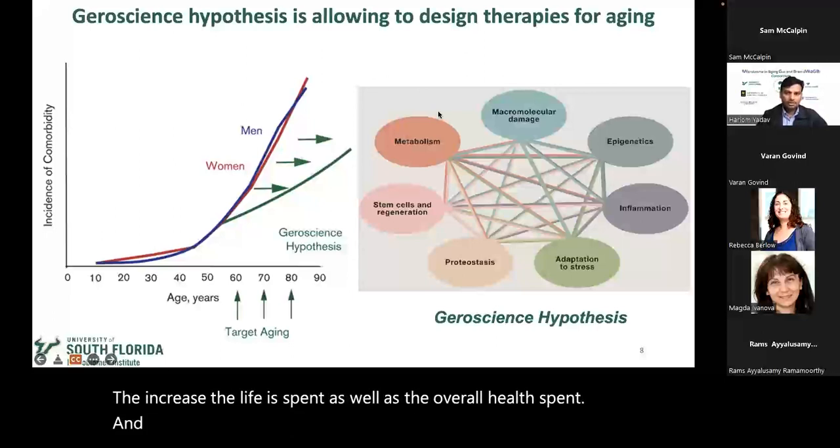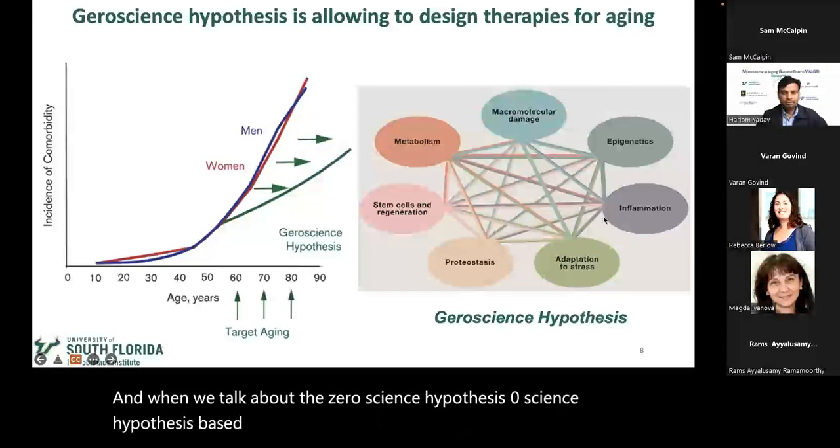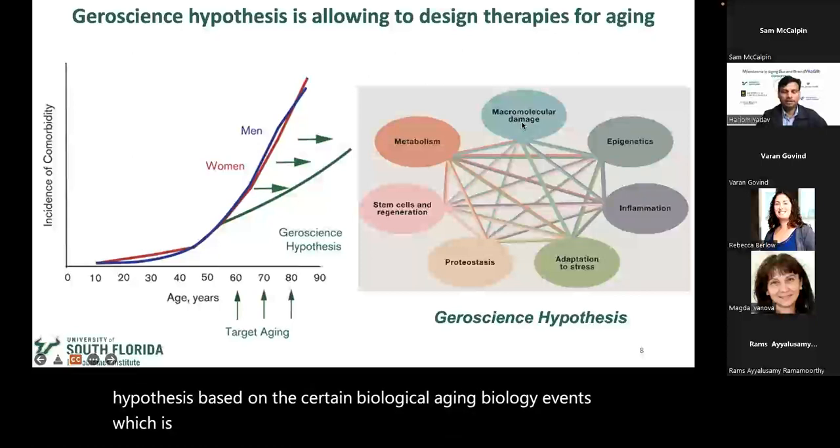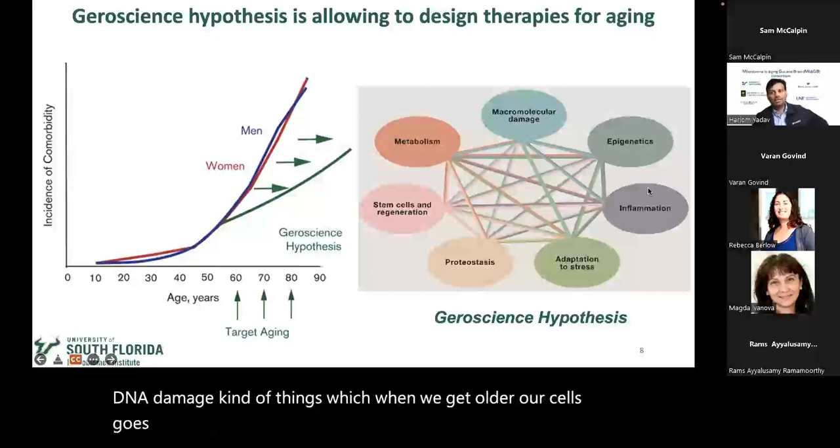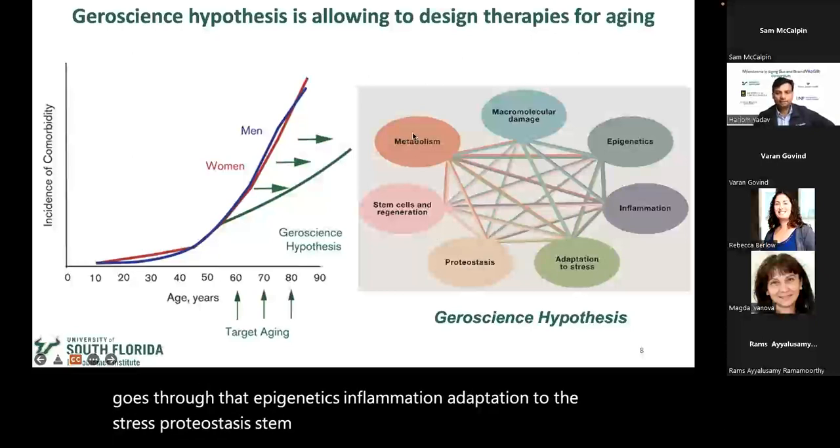And when we talk about geroscience, the hypothesis is based on certain aging biology events: macromolecular damage, which happens as DNA damage, which our cells go through as we get older, epigenetics, inflammation, adaptation to stress, proteostasis, stem cell regeneration, and metabolism, right?